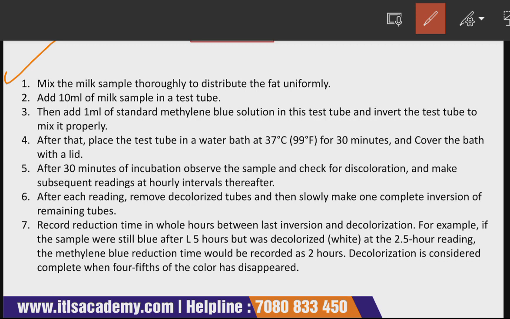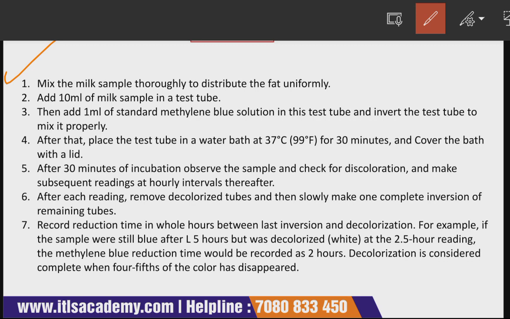After each reading, you have to remove the decolorized tubes and then slowly make a complete inversion of the remaining tubes. Then you have to record the reduction time as the whole hour between the last inversion and decoloration.